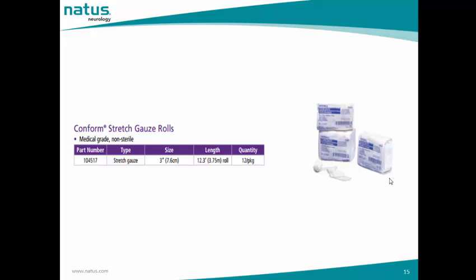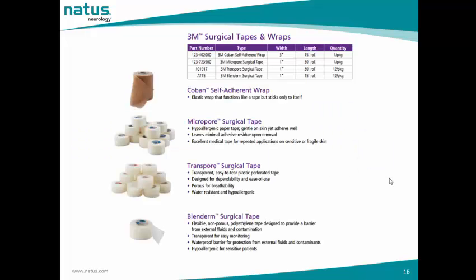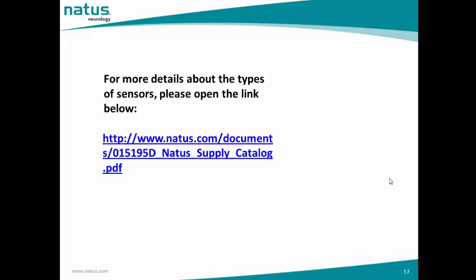That in turn can make it more fixed and more stable. Tapes and wraps, which are used to fix the electrodes and to make them stable throughout the recording. And here are different types of tapes and wraps that you can choose from. For more details about the types of the available sensors, please open the link below.